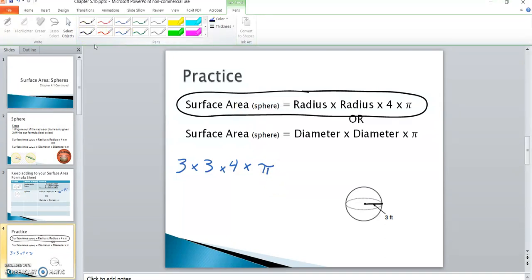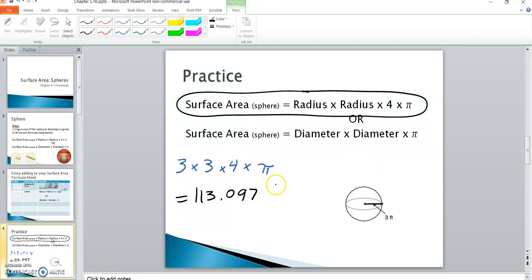So I want you to do that on your calculator right now. 3 times 3 times 4 times pi. And then I want you to hit equals, which will give you 113.097. It's really important that you hit equals after you tap the pi key, because a number will come up that's 3.14 and a bunch of other numbers.